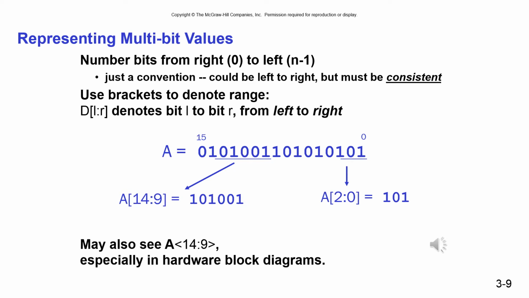And you'll see the convention bracket 14:9. That would be the bits 14 to 9. This is just a convention, but they do use it left to right in the LC-3 appendix, which is the manual we're going to be using. So that would designate the bits 14, 13, 12, 11, 10, and 9, which in this instance is going to be 6 bits.